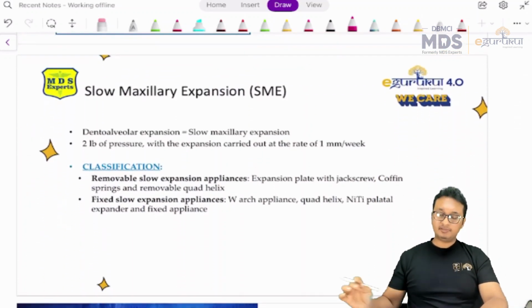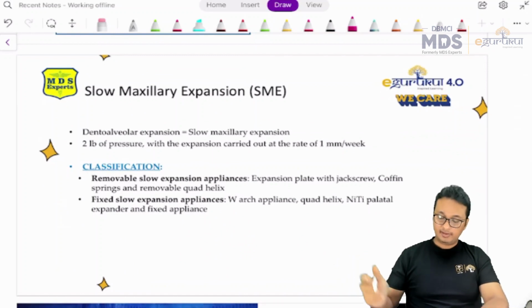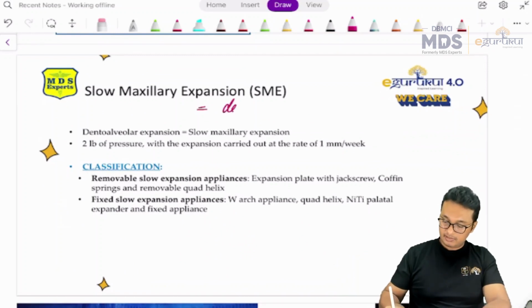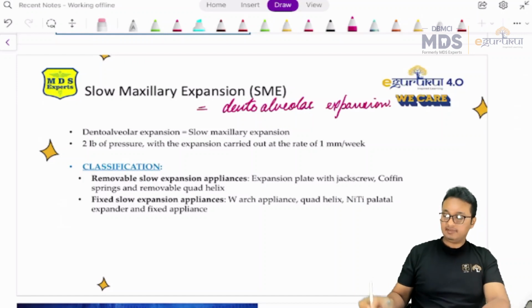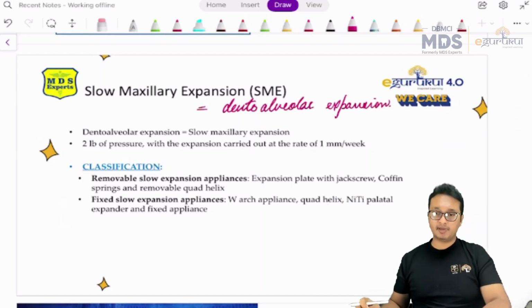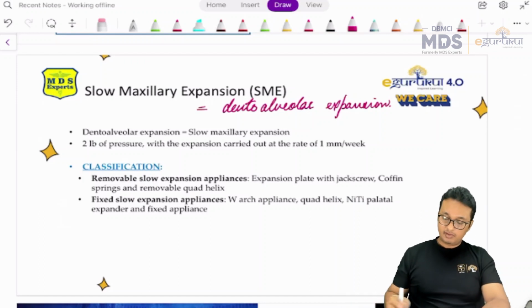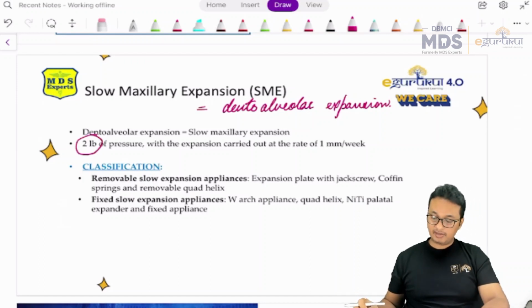Now, talking about slow maxillary expansion, it is equivalent to dentoalveolar expansion. Here only 2 pounds of force is given, with the expansion carried out at the rate of 1 millimeter per week.